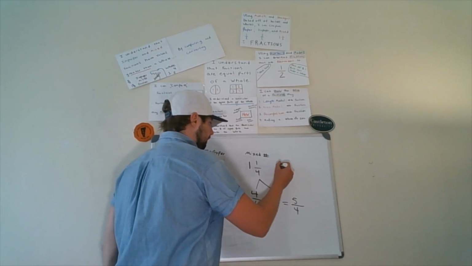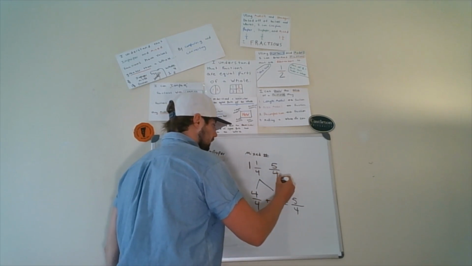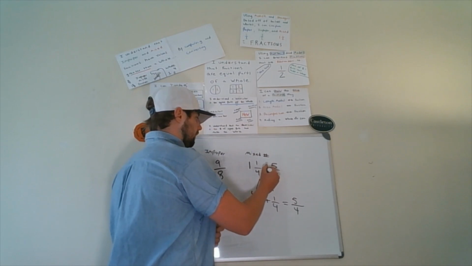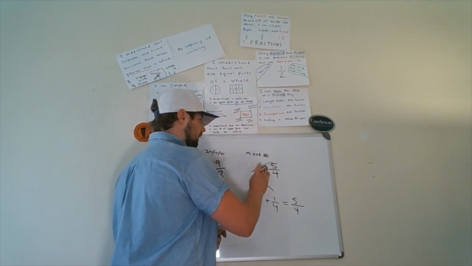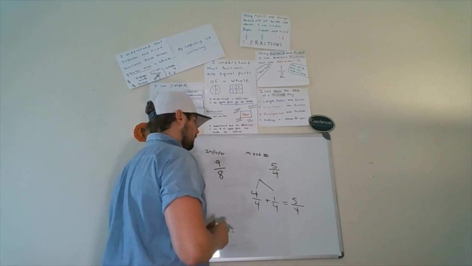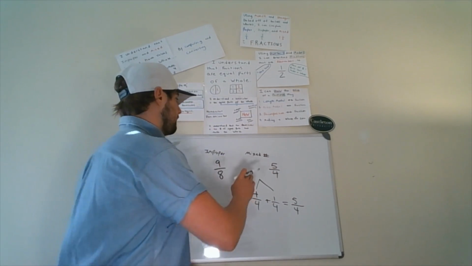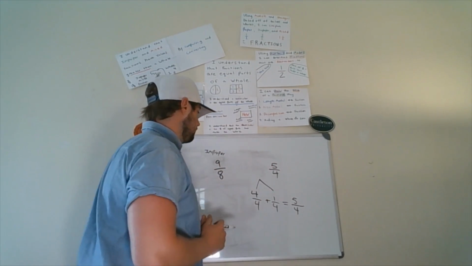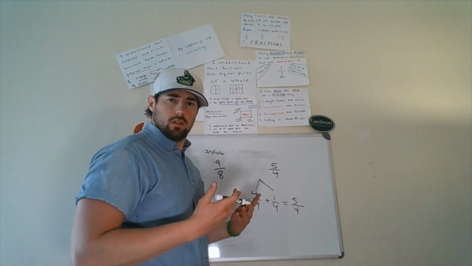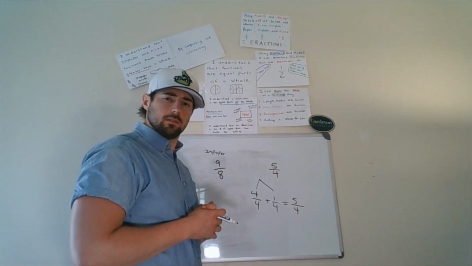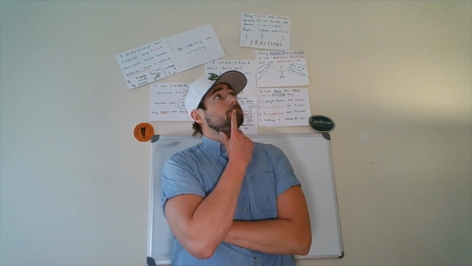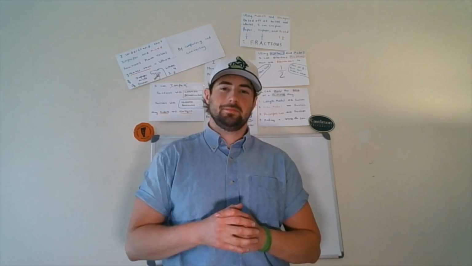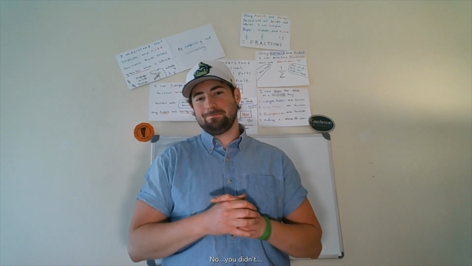So, if 5/4 is equivalent to 1 1/4, I can now compare two improper fractions. Do you think that made it easier? I did that on purpose.